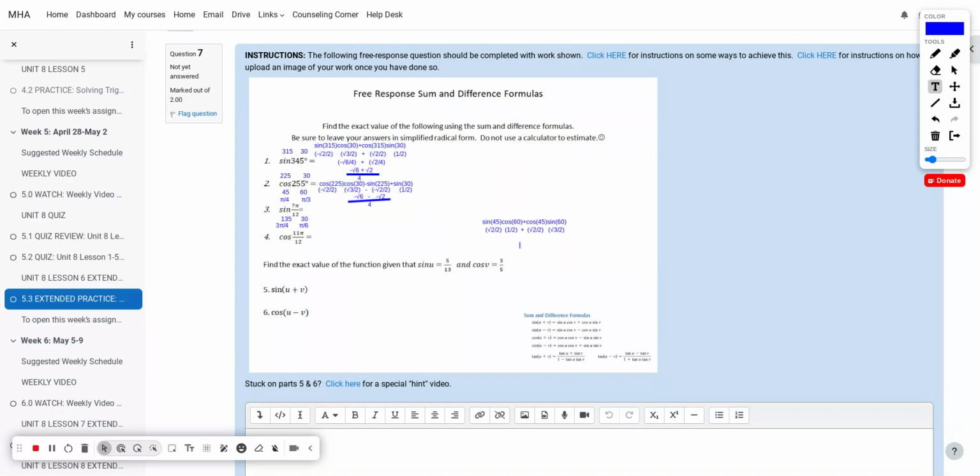I wonder if that's always what the answer should be. That's what I've noticed. Okay, so that would be square root of 2 plus square root of 6 over 4.